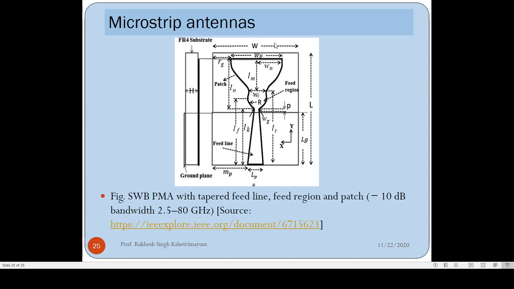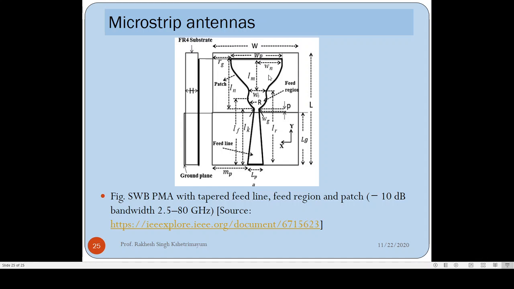So we have actually dissected the antenna design into three parts. One is the feed line, another is the feed region, and another is the patch. What we have done is we have tried to minimize the reflection in every portion. Here we have used the best feed line with broadband impedance matching. Even the feed region, we make it so that there is minimum reflection here.